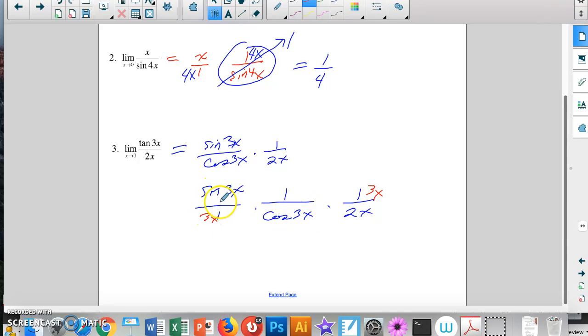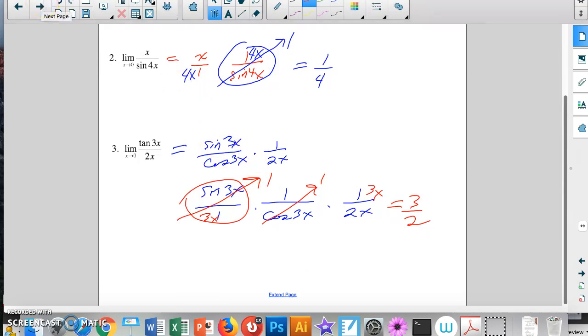It was just the sine that's weird. So now, limit as x goes to 0, this whole piece goes to 1. 0 in here means cosine of 0. That goes to 1. And this piece right here reduces to 3/2. That's your answer. Okay? So that is how you're going to solve them.